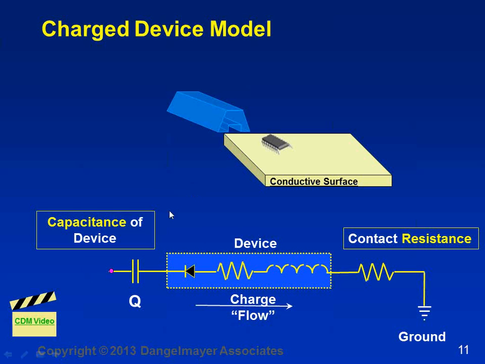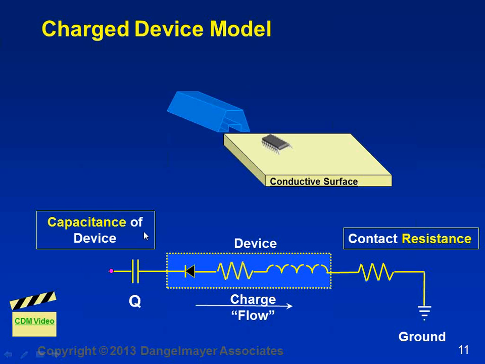Now, what's very important to consider is this representation of the modeling. Here we have the capacitance of the device, and it is a direct indicator of the amount of charge Q that could be stored on the device.